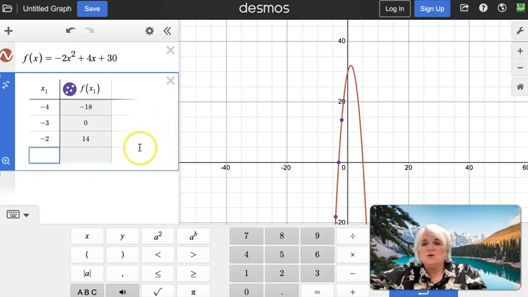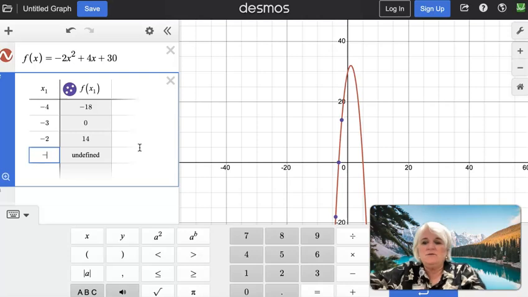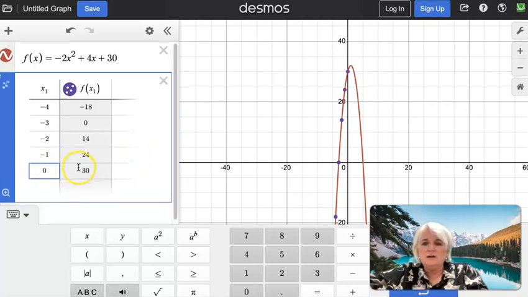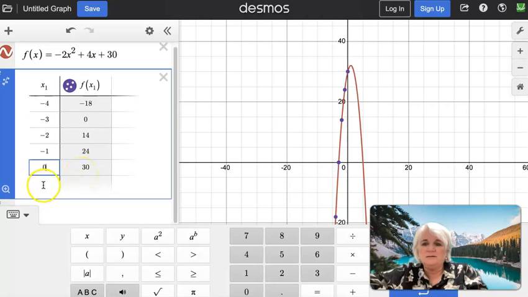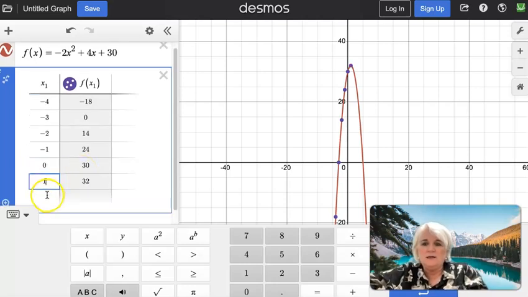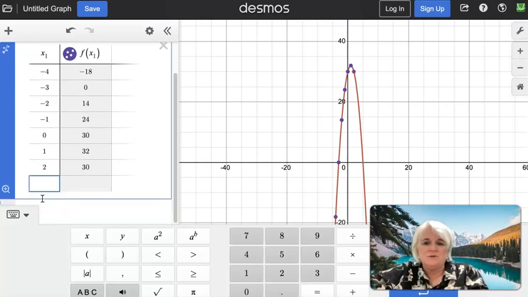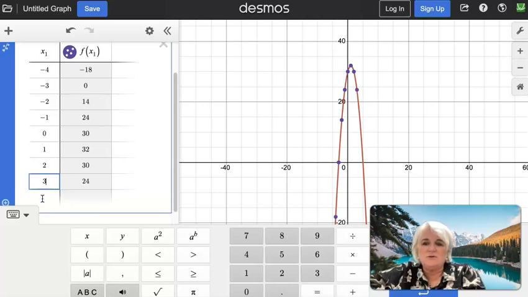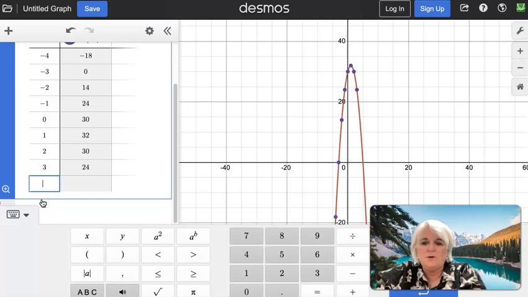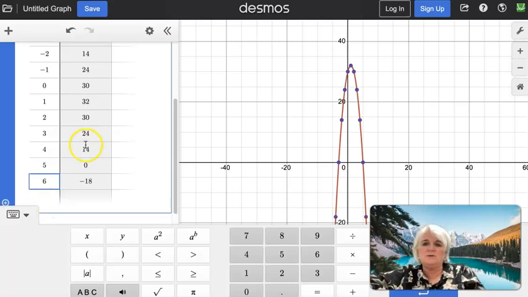Okay, so I'm going to put in negative 1 and 0. And it's still going up, 1 and 2, and oops, now it's going down. Okay, 32 to 30, it's going down again. So I'm going to put in 3 and 4 and 5, and there's my 0, and then I want one more because I want to show you the positive to the negative.